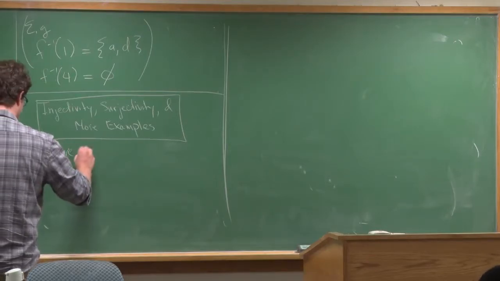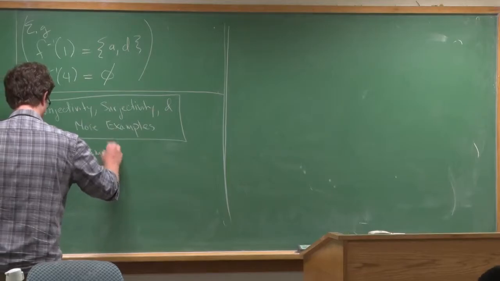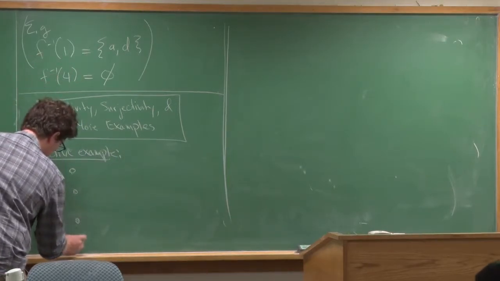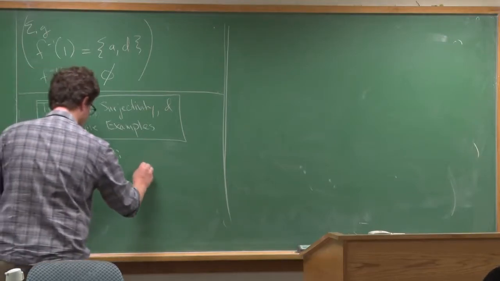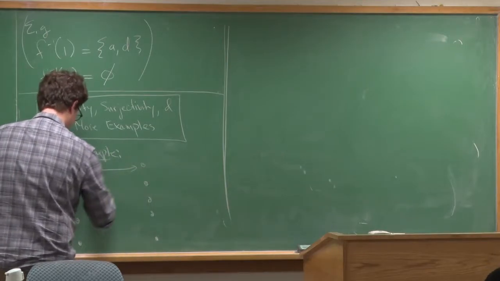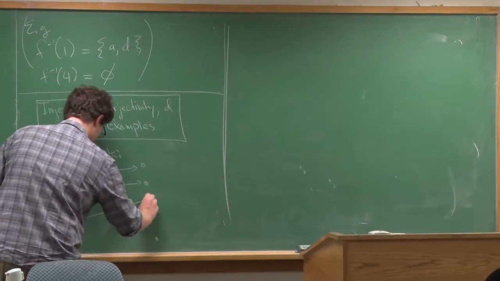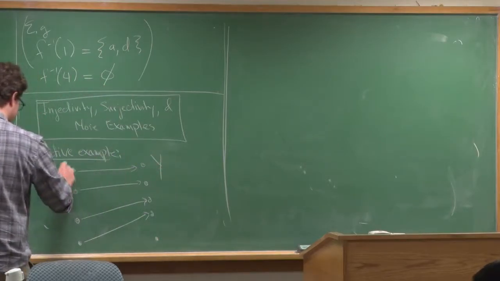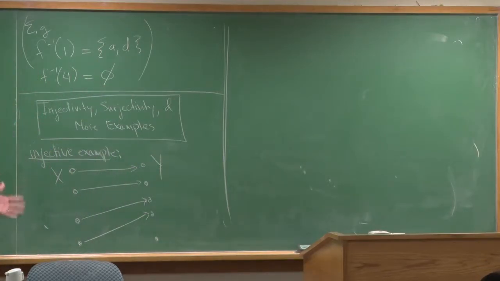So what is injective? Okay, so here's an injective example. So let me draw a doodle. Okay, here's Y and here's X. So this is kind of a doodle of an injective map.